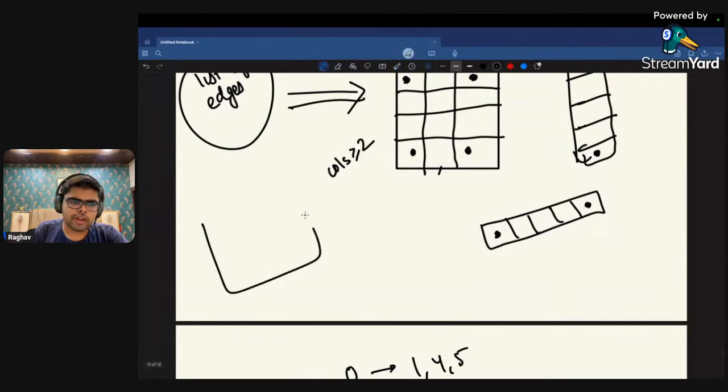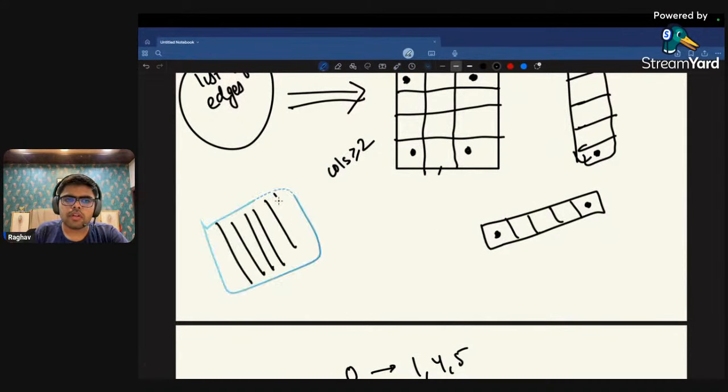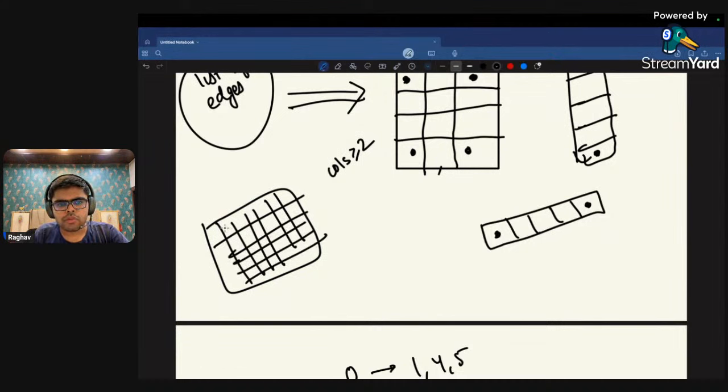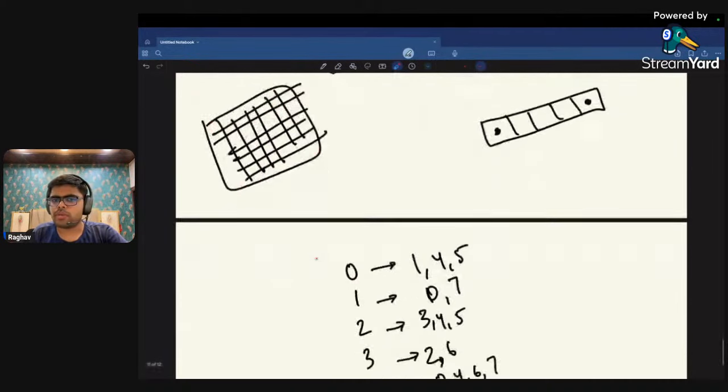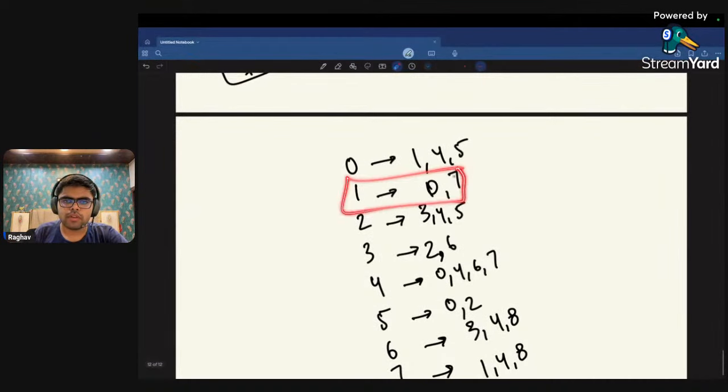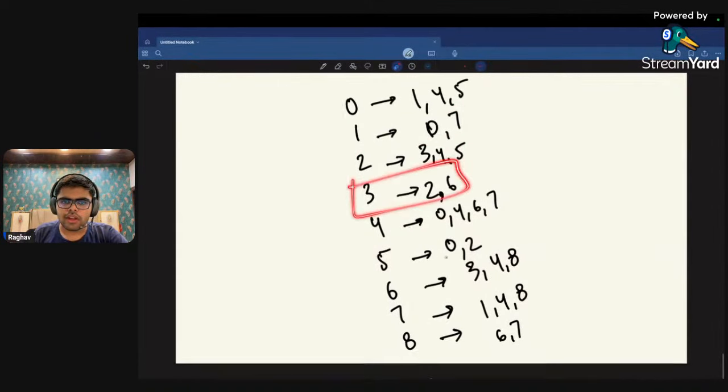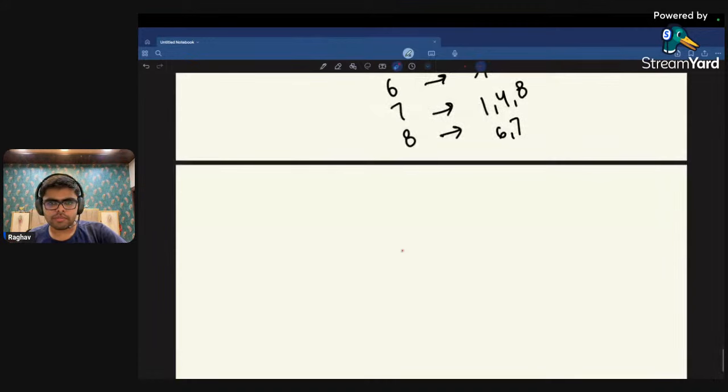If I have a grid which contains a lot of nodes, then I will have too many nodes which have four neighbors, and too many nodes which have three neighbors. But I will always have only four nodes which have two neighbors. I can easily identify them, right?